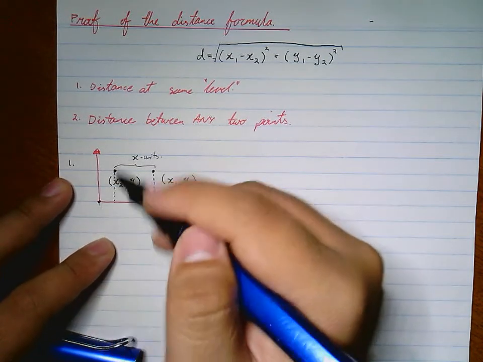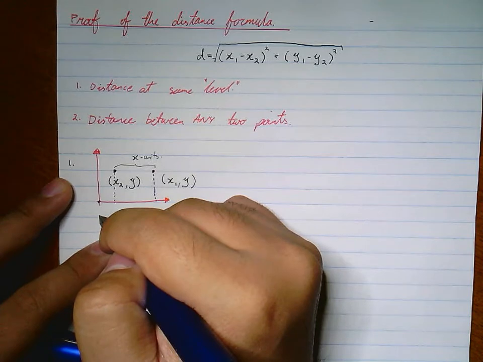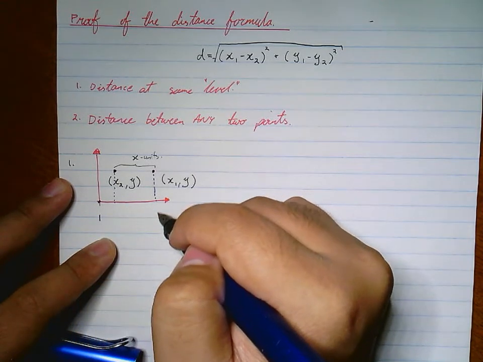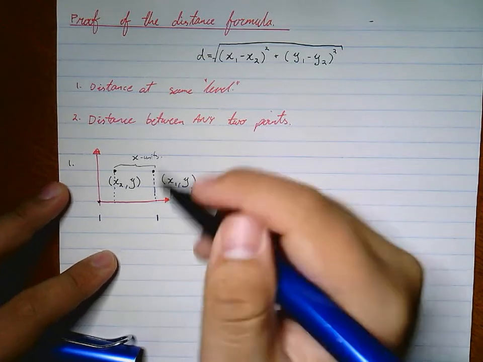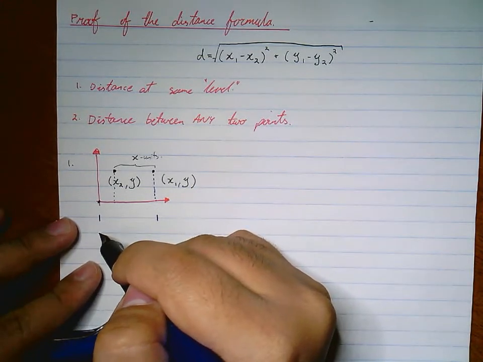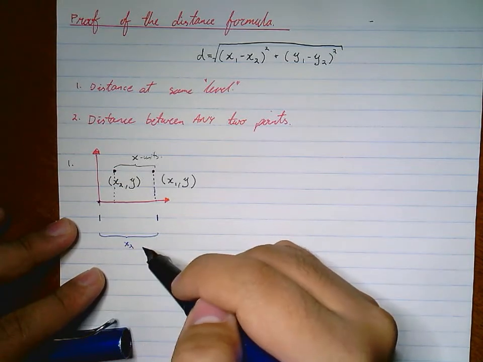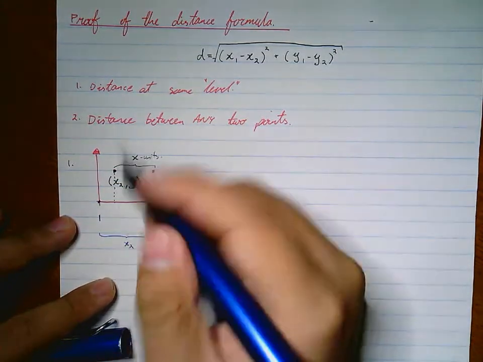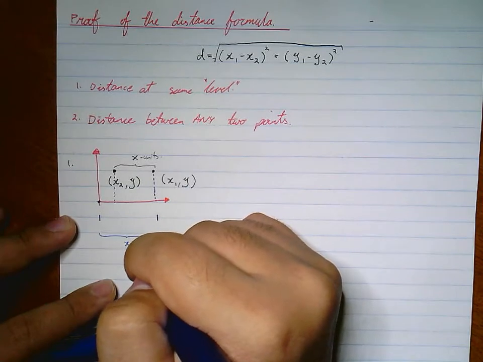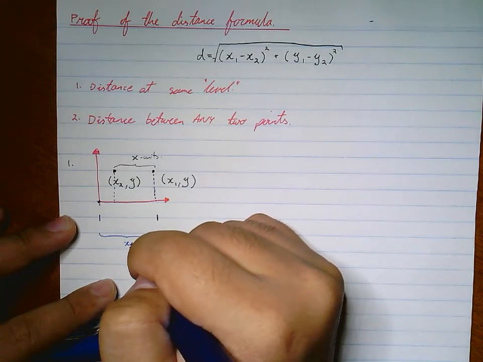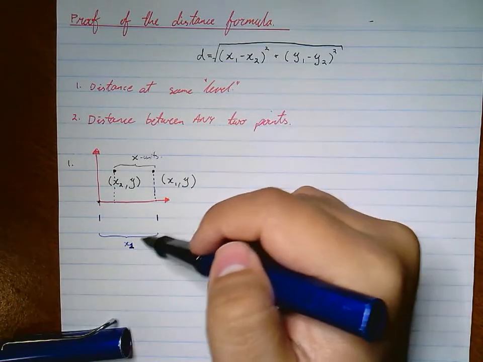This point is our 0, correct? Well, from here to here, that is a distance of x1 length. Oh, sorry, not x2, x1 length. Okay, take a look.